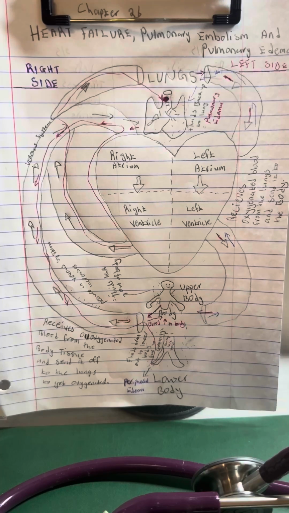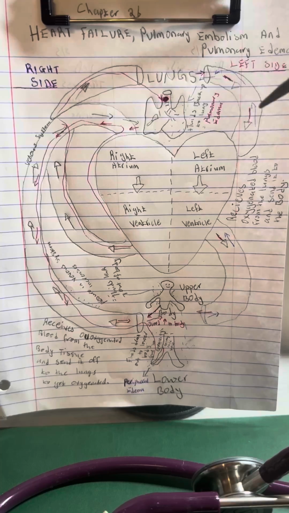Some oral contraceptives contain both estrogens and progesterones. It could lead to pulmonary embolism. We have pregnancy. I don't have much knowledge about that, but then, yeah, atrial fibrillation, surgery, obesity, long bone fracture.